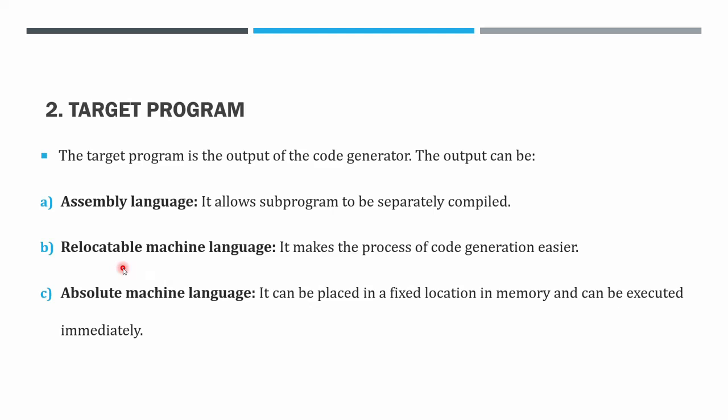This means I can run it on any kind of platform. Similarly, in a Java program we can write the programs in different classes or subroutines or procedures, and all those procedures can be compiled and kept in different locations of memory. In the language processing system, we have a part called loader and linker. The linker will link all the programs and subprograms together, which we call relocatable machine language. The linker will link all the programs and it will be ready for execution.